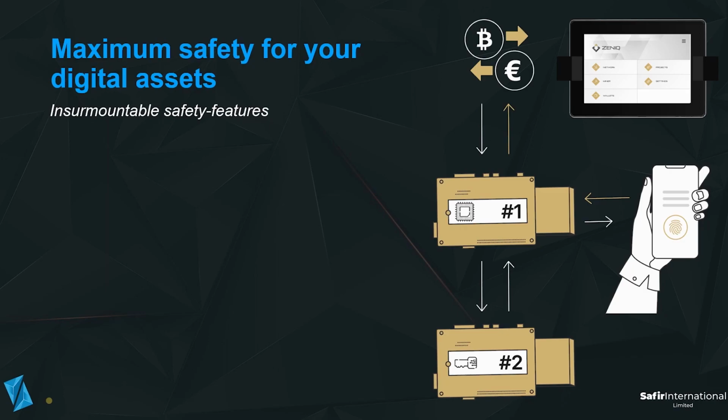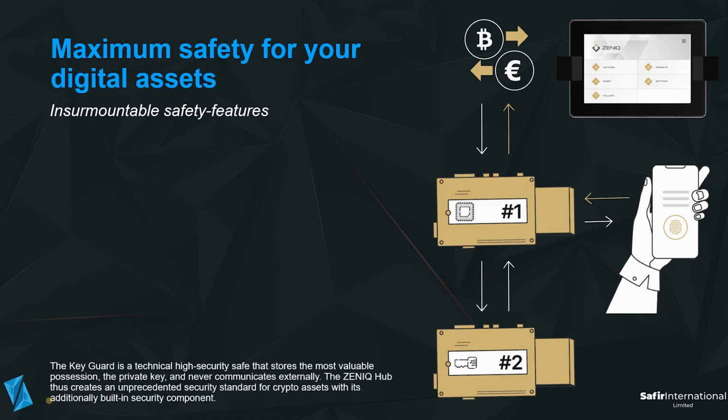So and chip number 2 is your key guard. Your key guard stores and generates your private key in offline mode. Your private key is your private access key to all funds that are on the device. So if a hacker, for example, wants your assets, he has to get this private key that is stored on chip number 2.